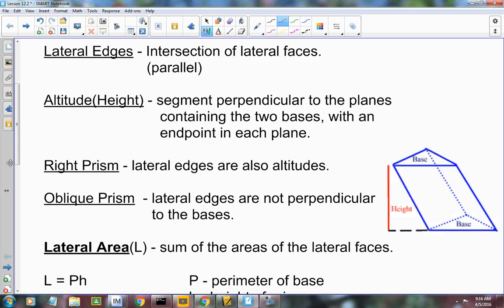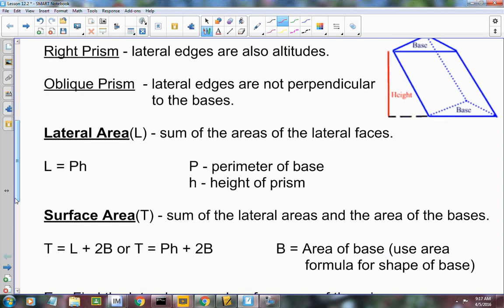Now, to find surface area, there's what's called lateral surface area and total surface area. Lateral surface area is the sum of the areas of all the lateral faces. Like I said, you can find the area of each one of them and add them all together, or you can follow this formula: the perimeter of the base times the height of the prism.